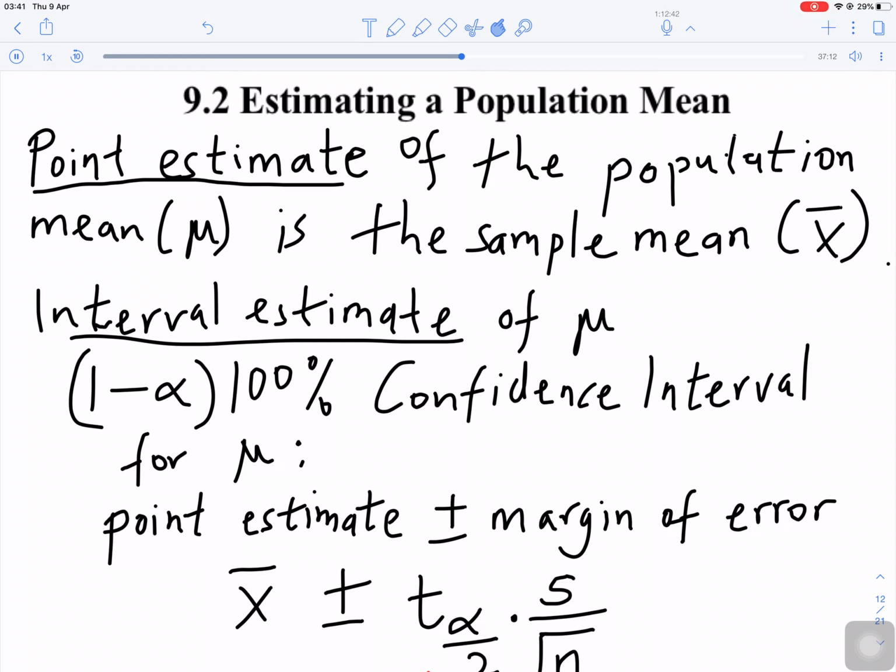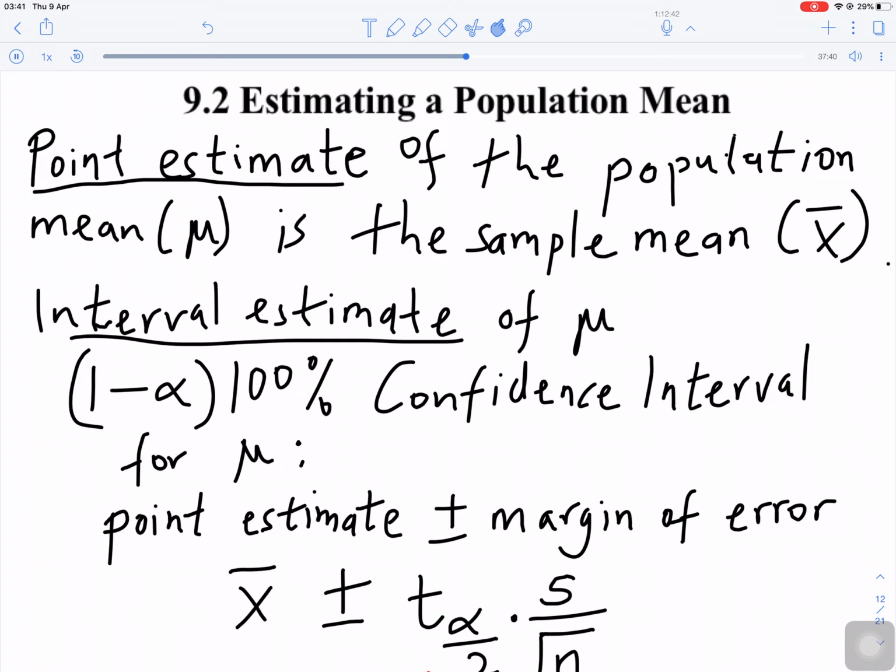Then we go to another level higher, where we don't want to estimate just a single value, because if another person takes another sample, or even the same person takes another sample, it is very possible that the sample mean will be slightly different from the initial sample mean.